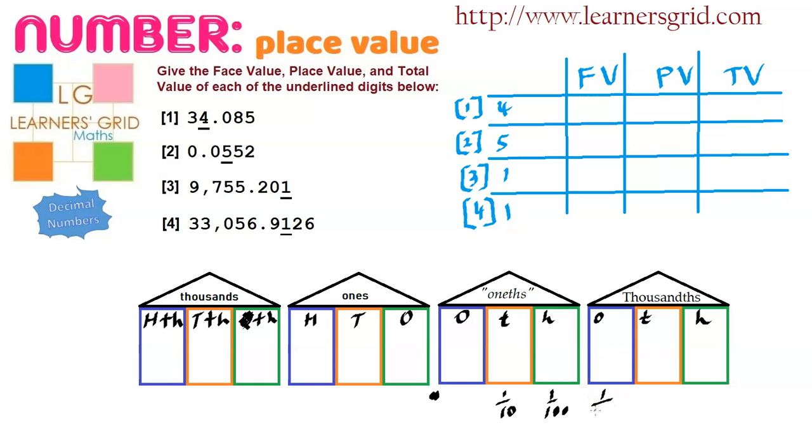So we have 1 over 1,000. We have 1 over tens of thousands; now we don't usually write ones of thousands. And we have the hundreds of thousands. So tens of thousands, we have 1 over 10,000. And here we have 1 over hundreds of thousandths.